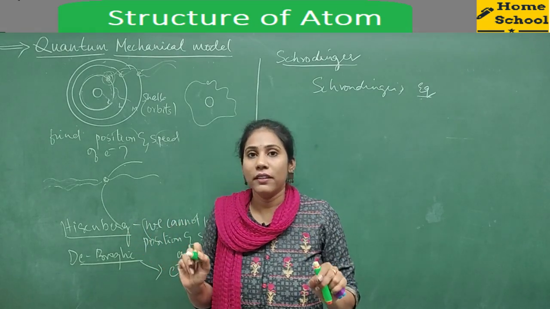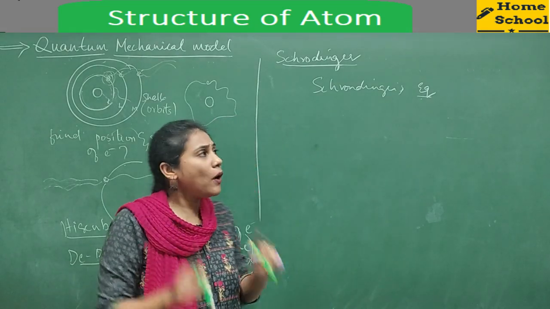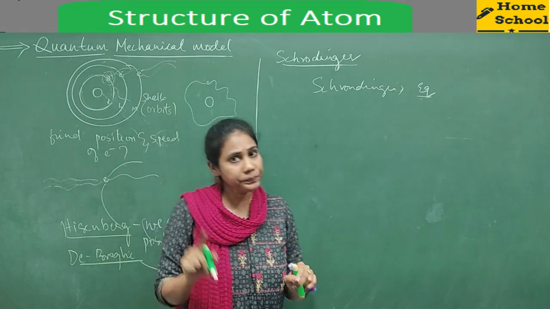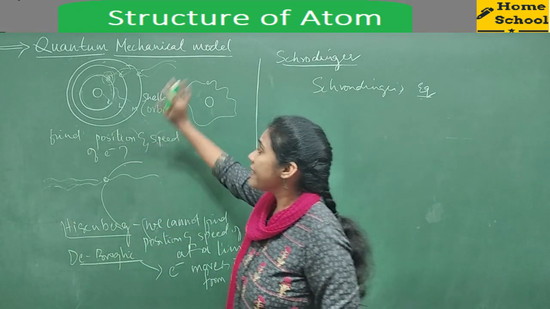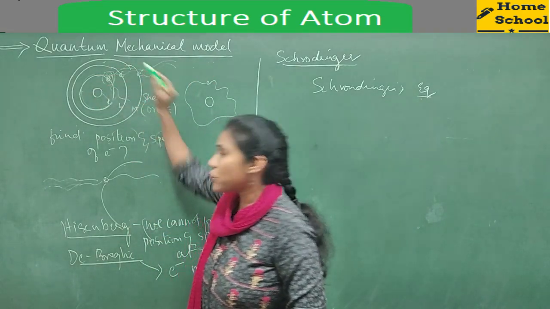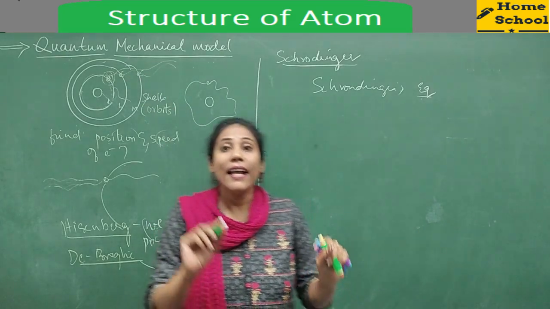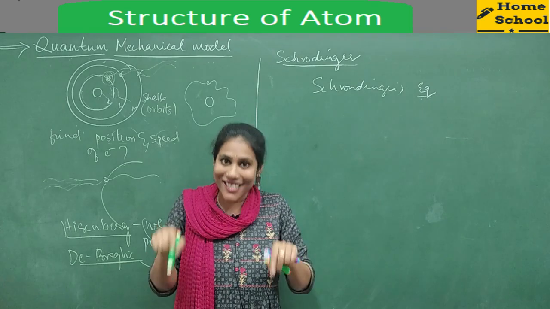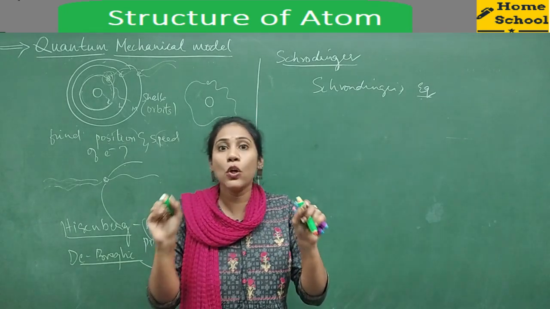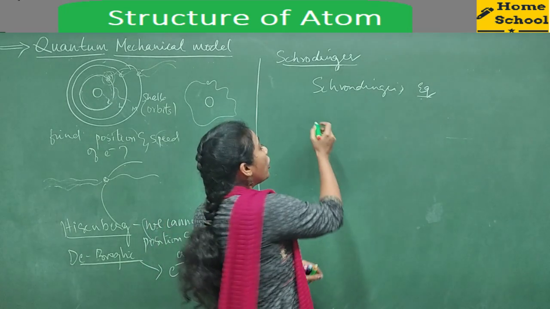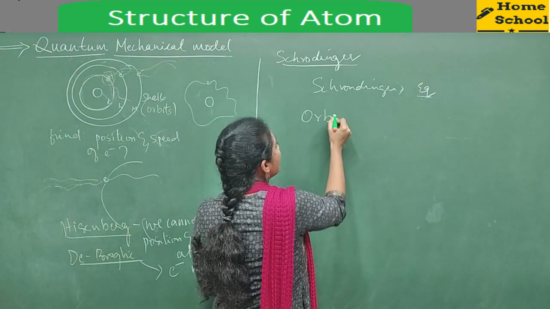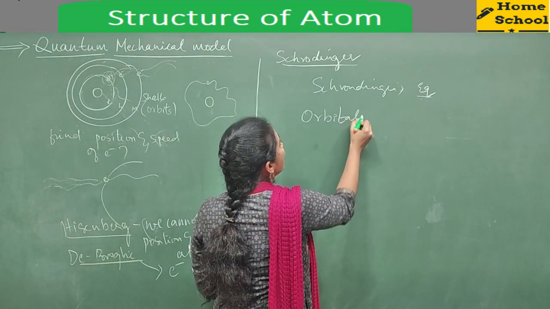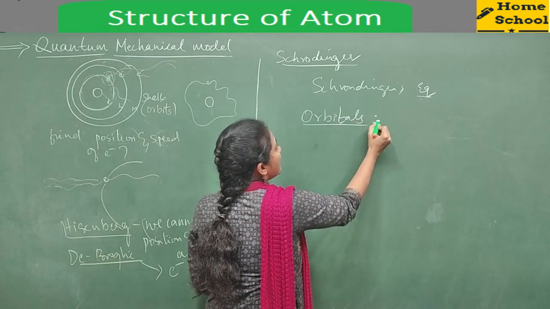He told everything. And one important thing he tells is that the electron is not revolving in a fixed orbit; the electron is located in something called orbitals. So comes a new word for us, orbitals.